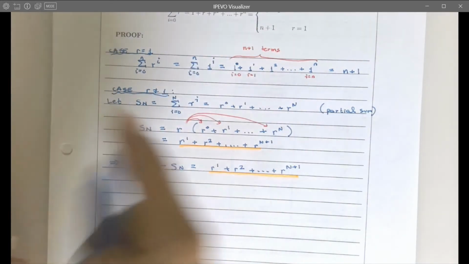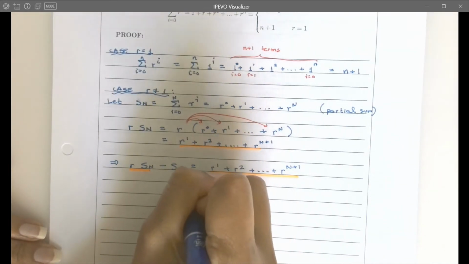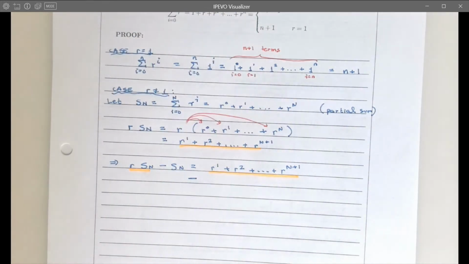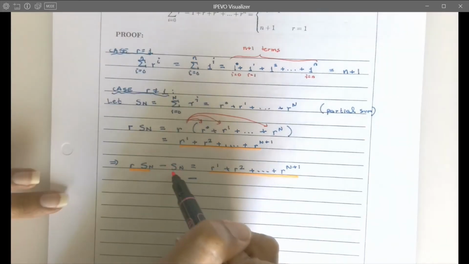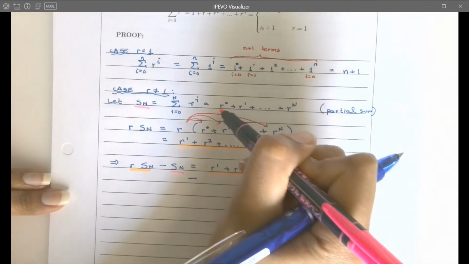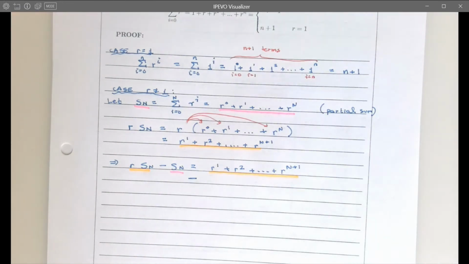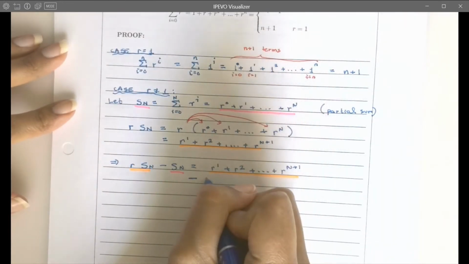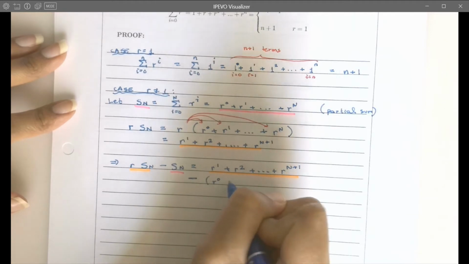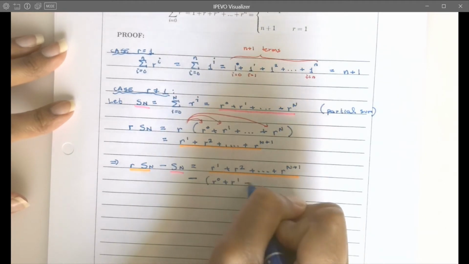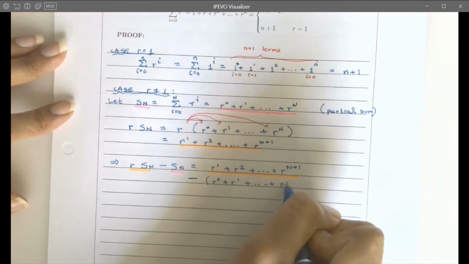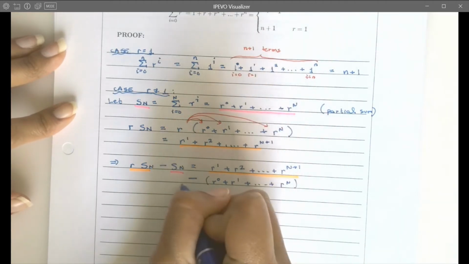Okay, and then minus Sn, the original partial sum. The original partial sum is R to the 0 all the way down to R to the n. So we have minus R to the 0 plus R to the 1 plus all the way down to R to the n.